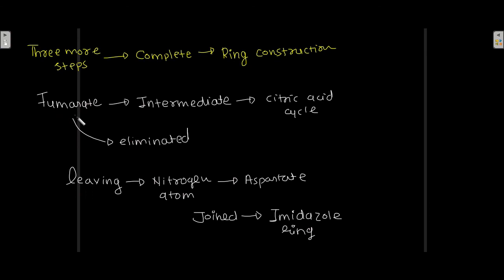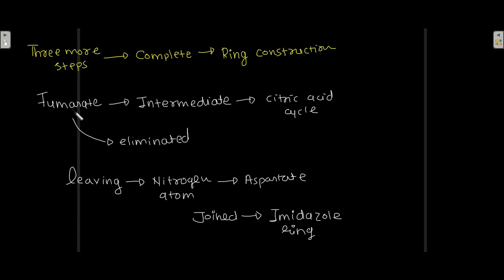Now the fumarate, which is an intermediate of the citric acid cycle, is eliminated. This leaves the nitrogen atom of the aspartate joined with the imidazole ring. Why?